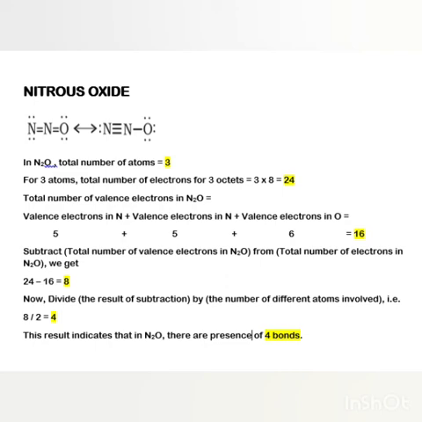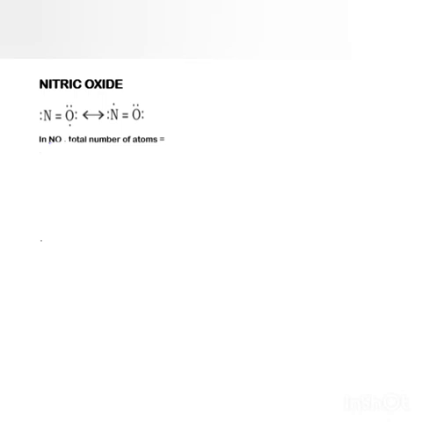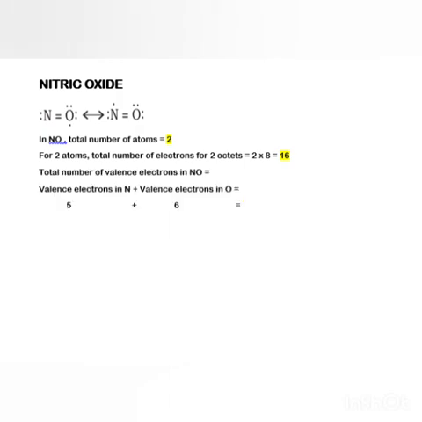Similarly, now if we come to the next oxide, that is NO, nitric oxide. There are 2 atoms. So for 2 octets, number of electrons is 16. And here the total number of valence electrons is 5 plus 6, 11. Now remember, it is an odd number. So it is an odd electron molecule. Always remember.